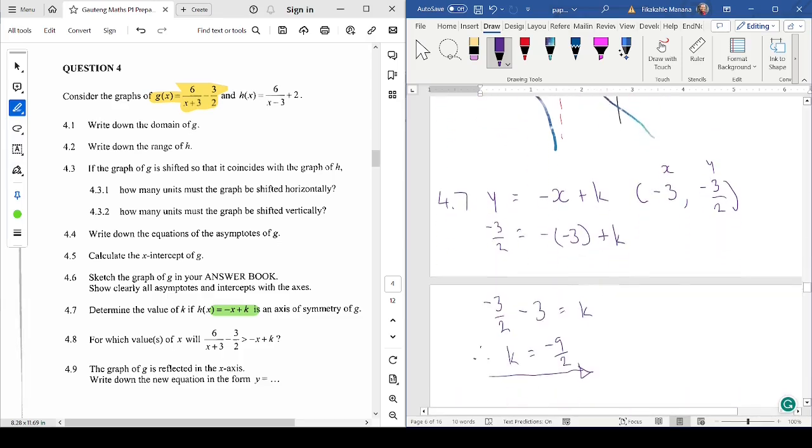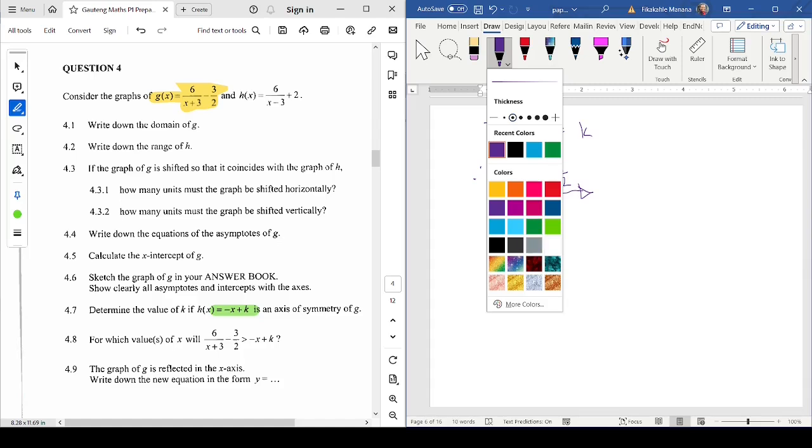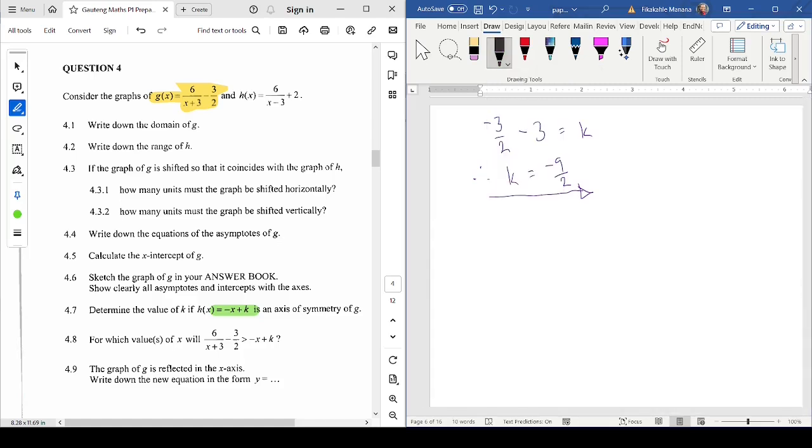Okay, so then our answer then for, what color am I gonna go with? Let's go with dark gray. So 4.8, our answer for this condition, the values of x is values of x that are greater than minus 3, just like that.